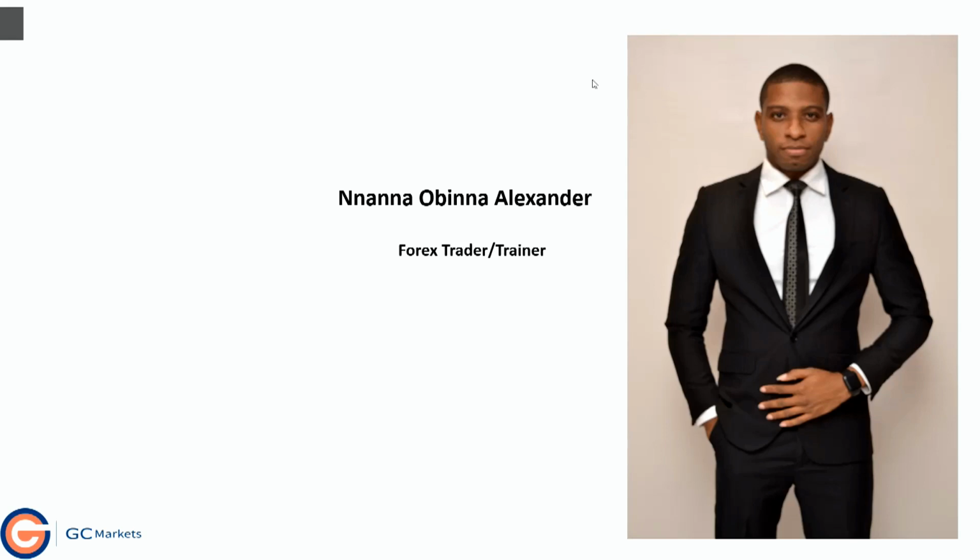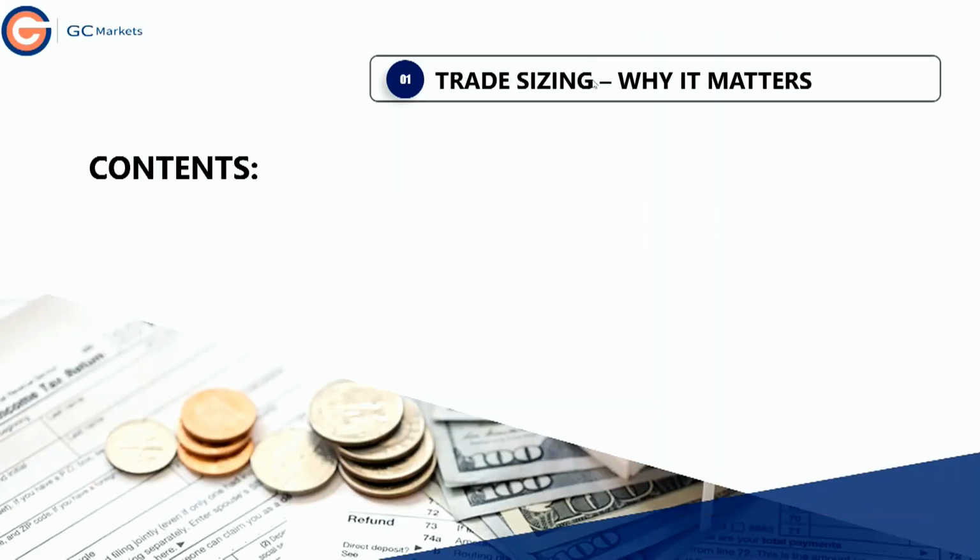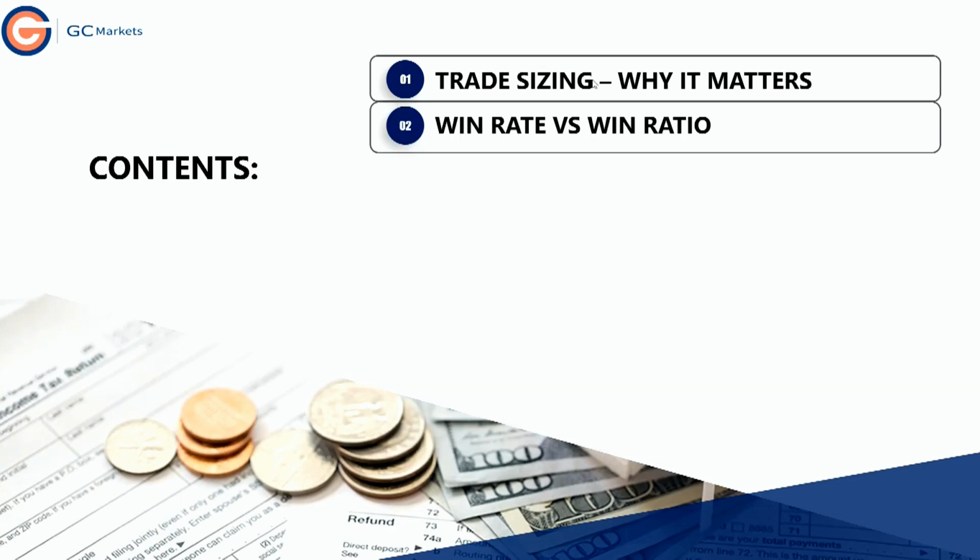What we'll be looking at today: we'll look at trade sizing and why it matters, and win rate versus win ratio. There's a four-quadrant section that I like to use, and we'll see how that plays out and how it affects our trades. There are about three or four ways we can trade, and you can be profitable in three of those systems.